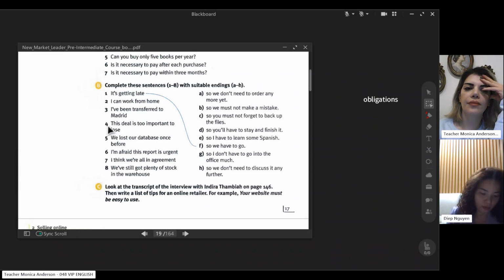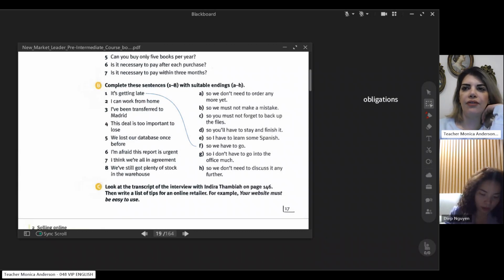I'm afraid this report is urgent, so you will have to stay and finish it. Very good. I think we are all in agreement, so we don't need to discuss it any further.